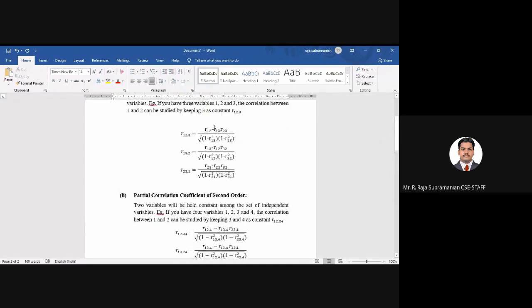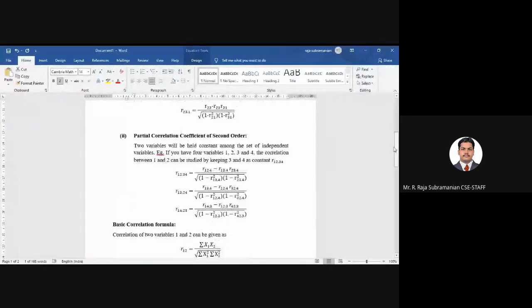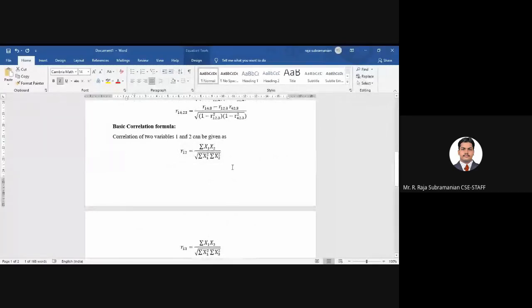For substituting in this formula, I need to find r12, r13, r23, everything. So I need to calculate the basic quantities: x1 squared, x2 squared, x1 x2, everything. Yes, we will do that.